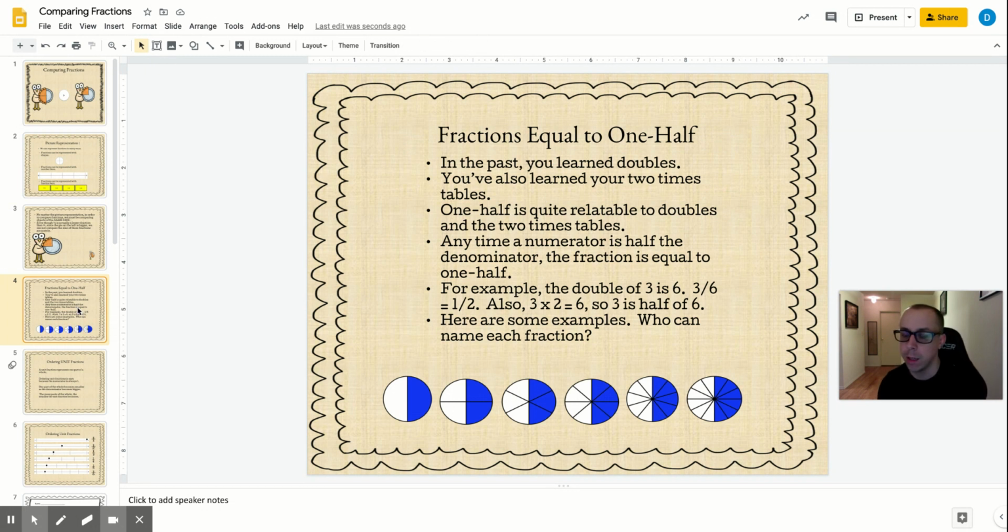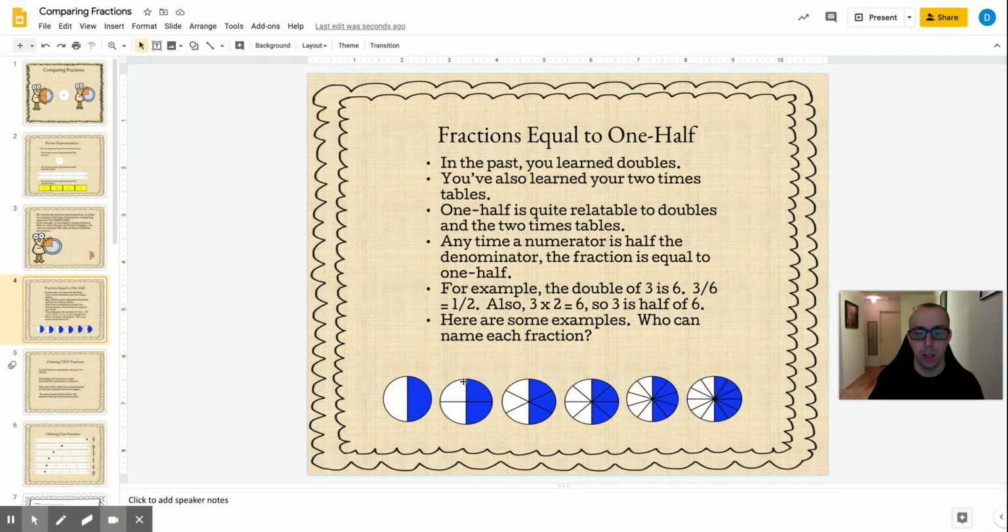Now, very quickly, before we begin again, we have to remember that there are different fractions equal to 1/2. This will help us down the line, okay? Remember that when you're discussing 1/2, you can think of doubles. You can think of your 2 times tables, okay? For example, we have 1/2, 1 out of 2. 1 and 1 is 2. Since 1 is half of 2, 1 out of 2 is 1/2.